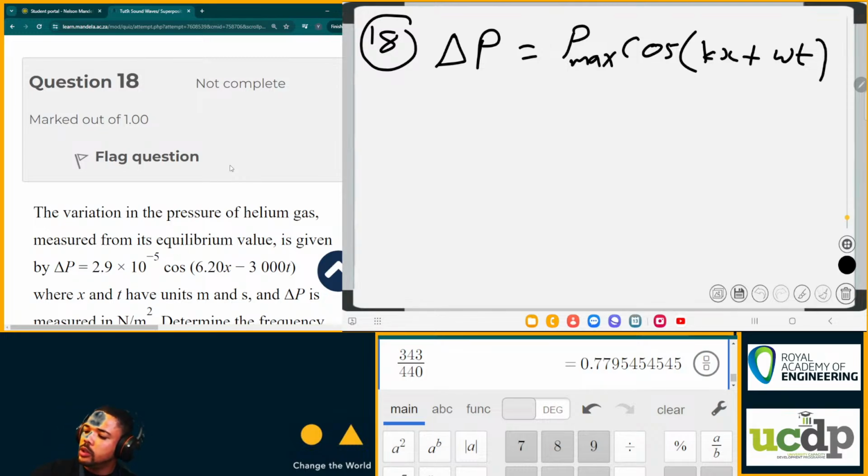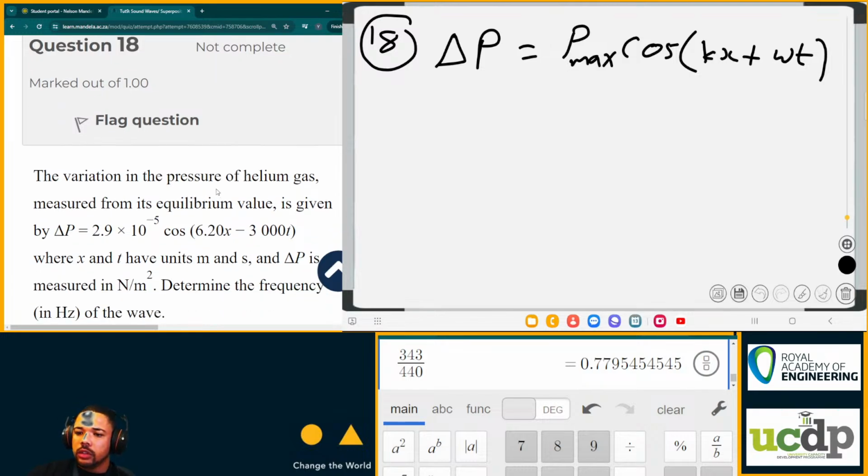This formula is the general case for the variation in pressure for a medium through which a sound wave will travel.